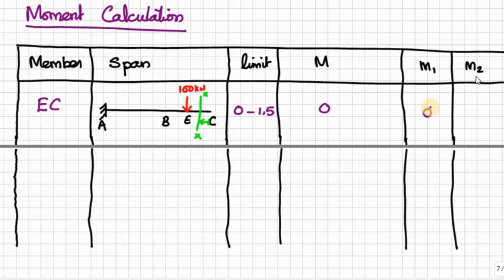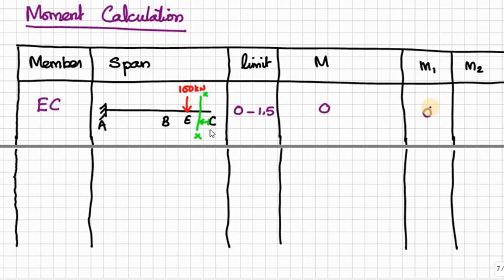Next, small m2. Small m2 is nothing but the moment due to the unit load acting at system coordinate 2. System coordinate 2 is nothing but the C point. Therefore, here we have to apply a unit load along the direction of the redundant force RC, that means acting upward. On the right side of section XX, we have this unit load acting at C point, so we will have a moment due to this unit load at C about XX.